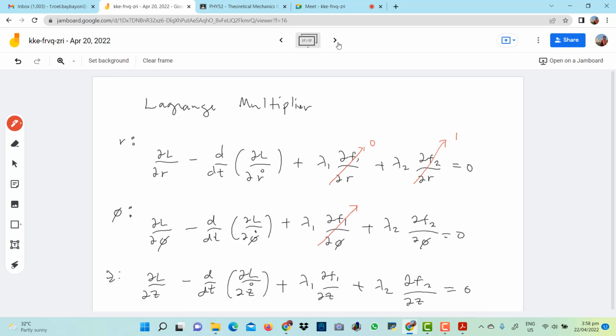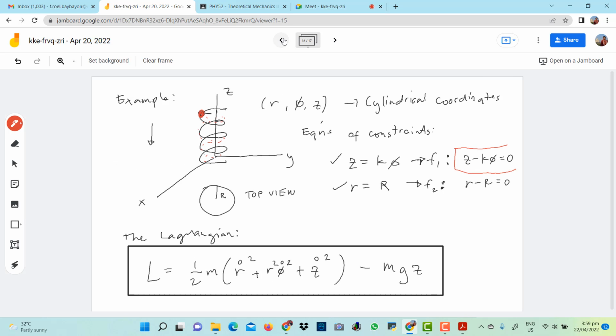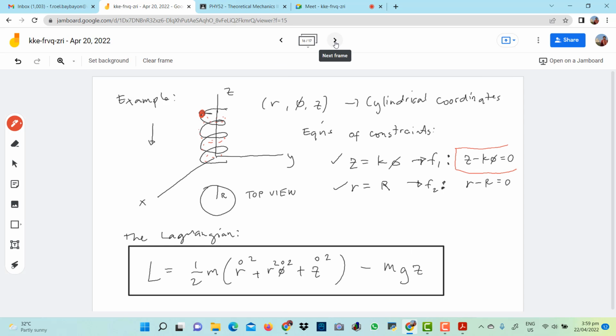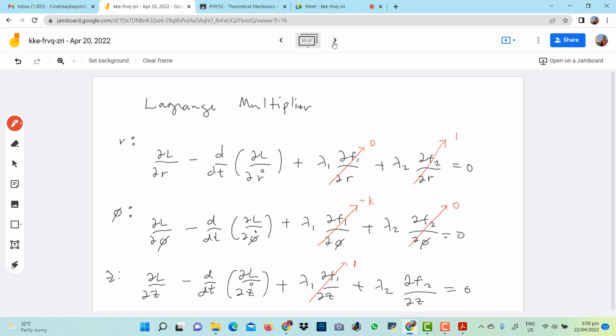So, negative k. And then, partial of f2 with respect to phi, this is 0. Right? Partial of f1 with respect to z is equal to 1. Correct, with respect to z. And partial of f2 with respect to z is equal to 0. Okay? And then do the math, you will get the answer.